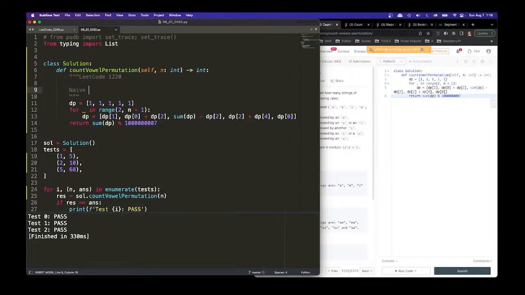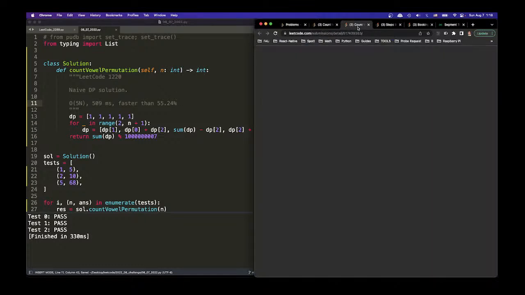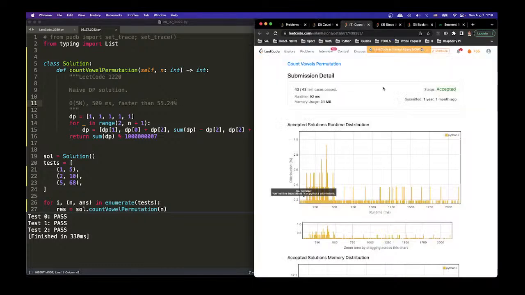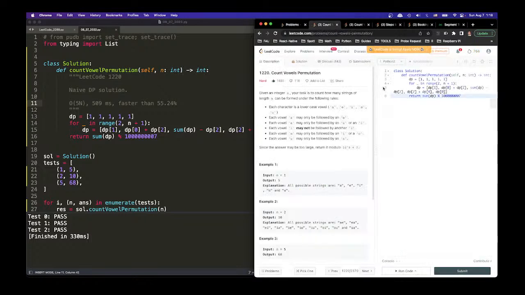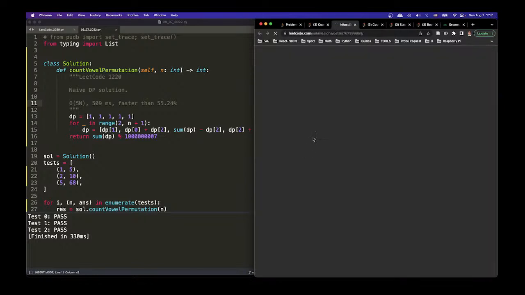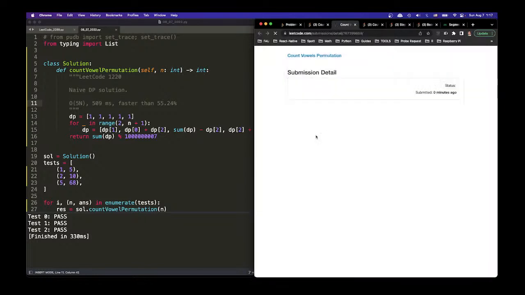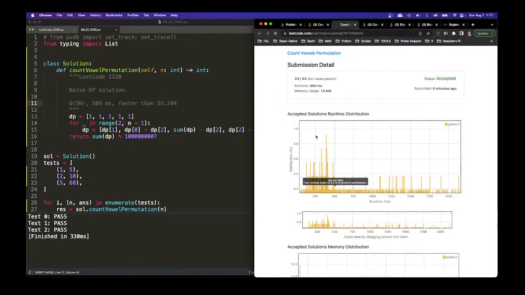So naive DP solution, O of N. Oh, I didn't check the test cases. Probably the same test cases. Yeah, it's the same.